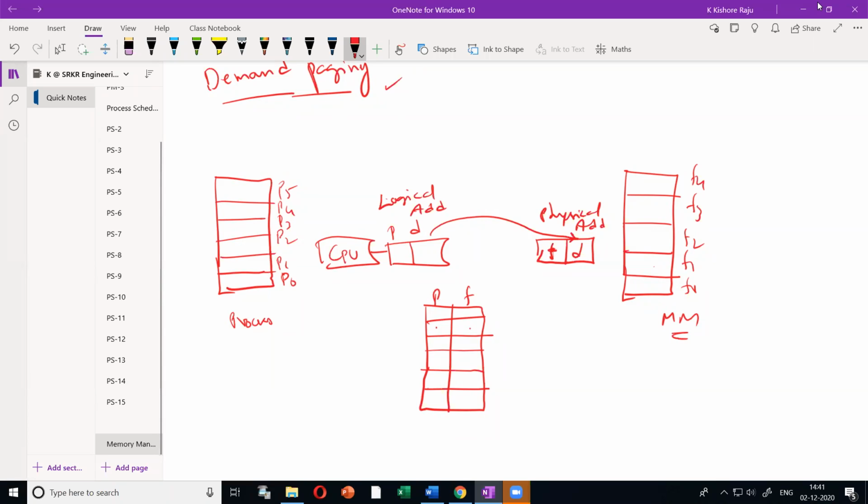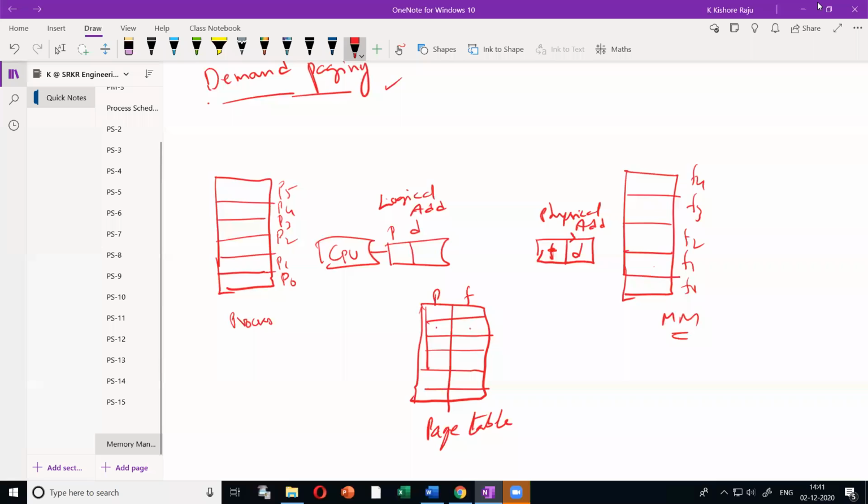Then that particular information will be updated in the page table. That concept we call demand paging.